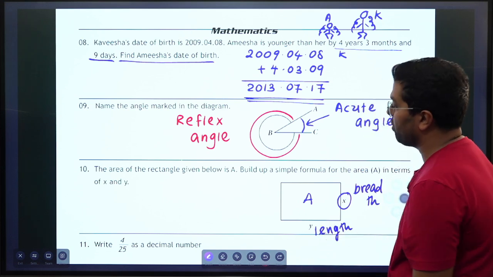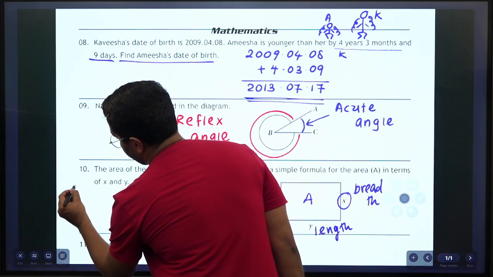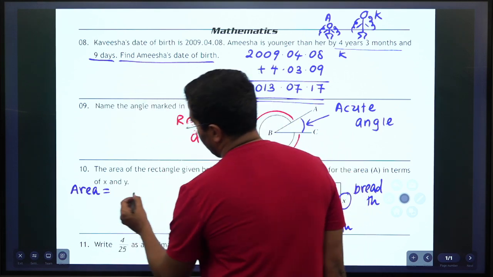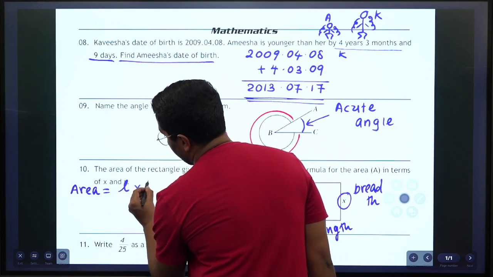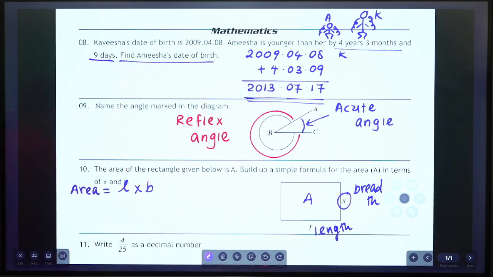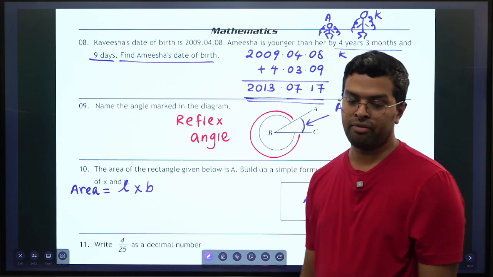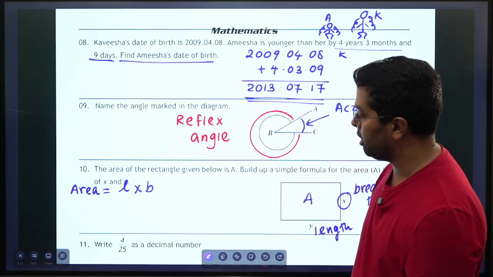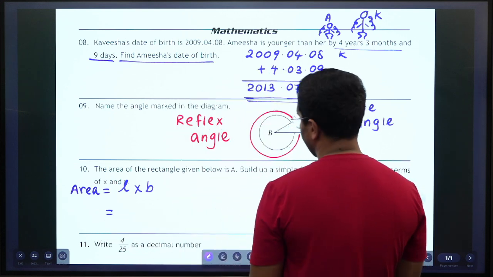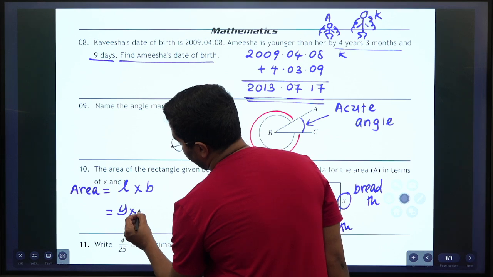So how are we going to find the area of a rectangle? Area equals length into breadth. The product of length and breadth gives you the area of the rectangle. Length is given as y in this question, and breadth is given as x.